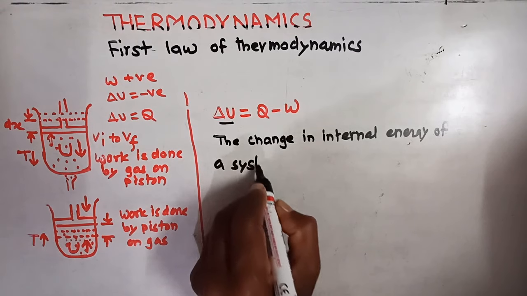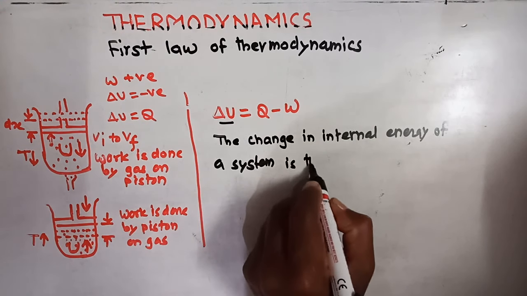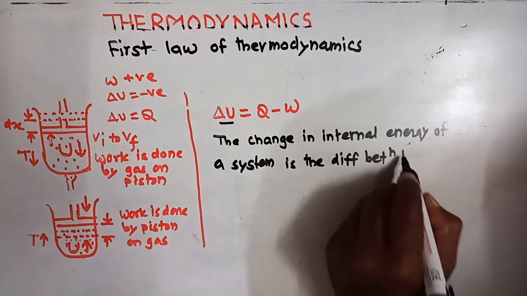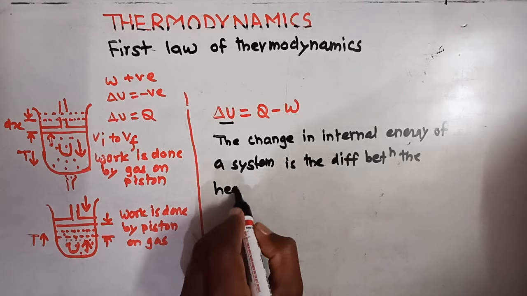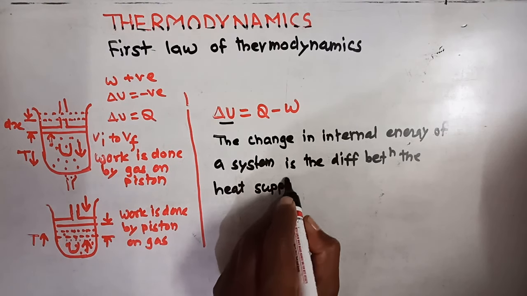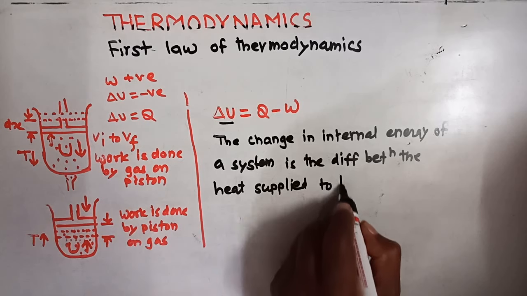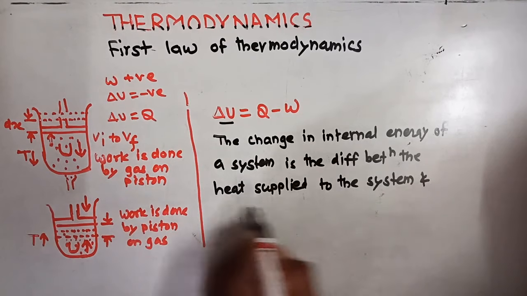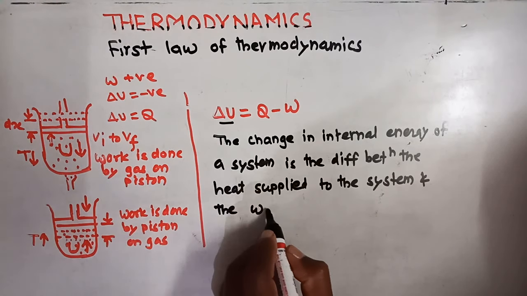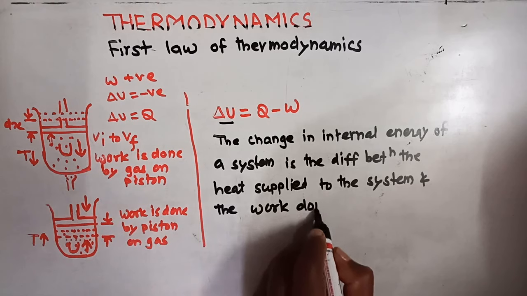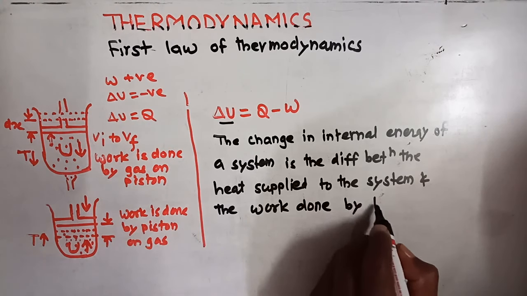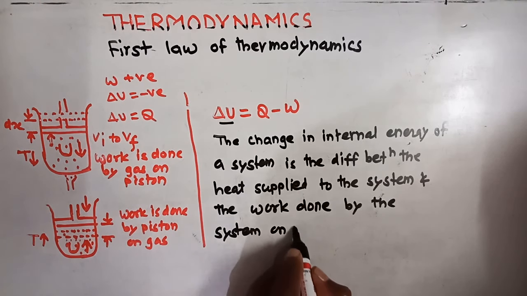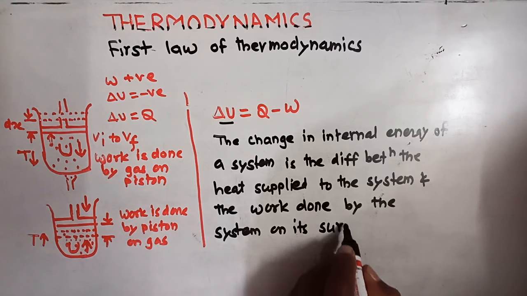It is the difference between the heat supplied to the system and the work done by the system on its surrounding.